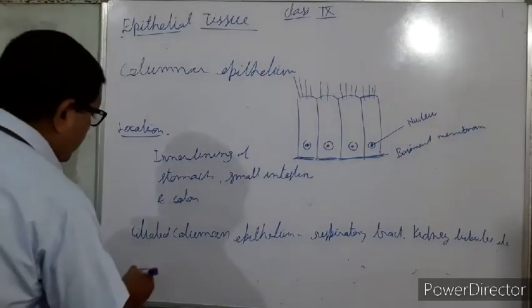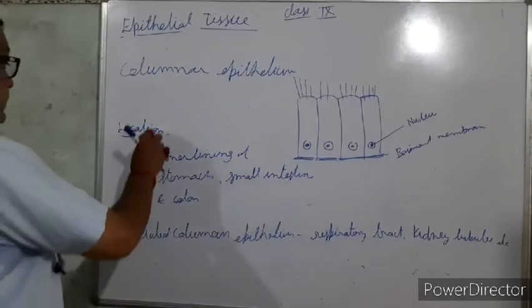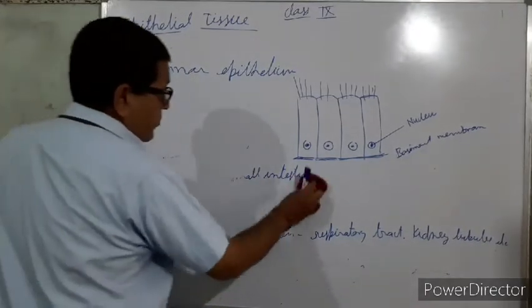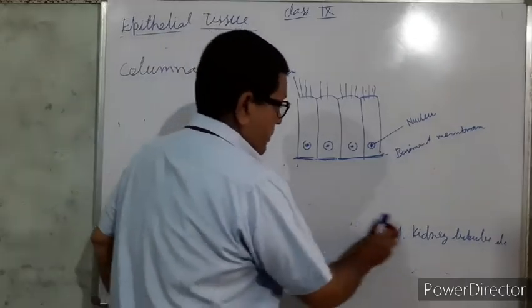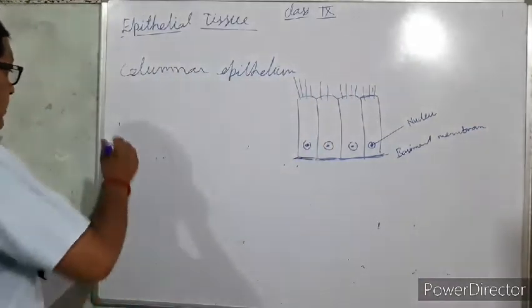Function: observation and secretion. Now what is the function of this tissue? After location, next is the function of this tissue.